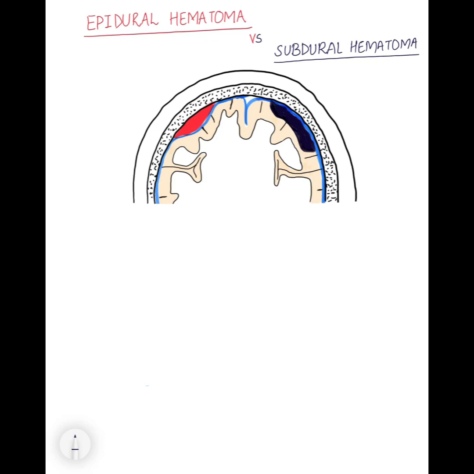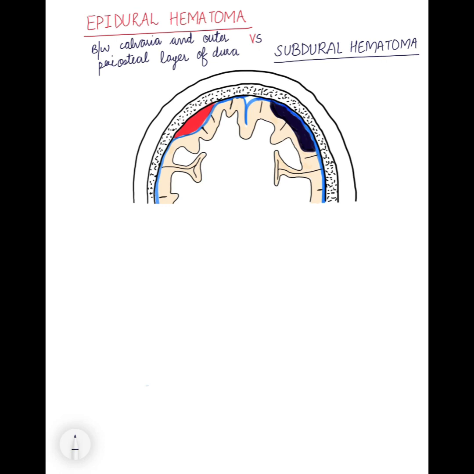Epidural hematoma is a collection of the blood between the calvaria and the outer periosteal layer of dura. Epidural means above the dura.